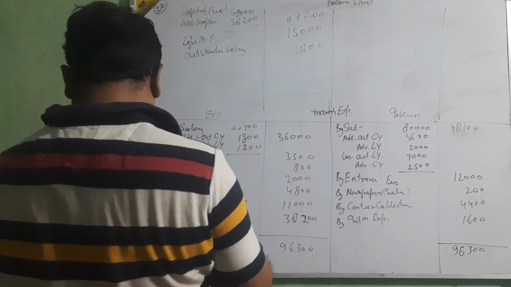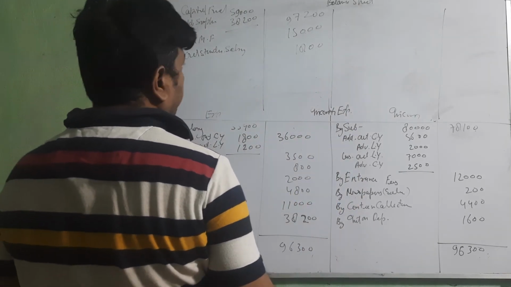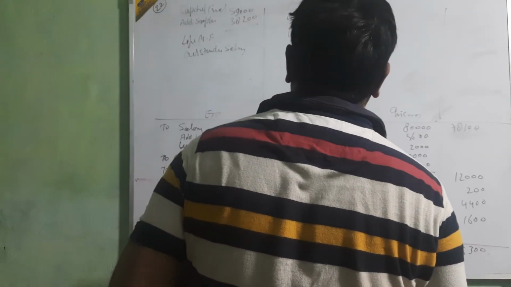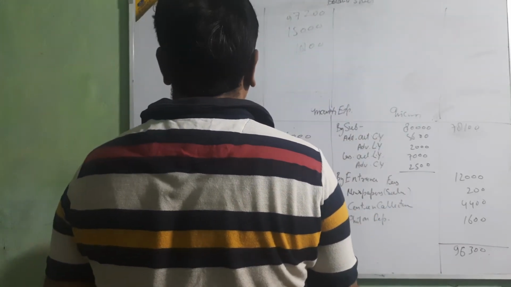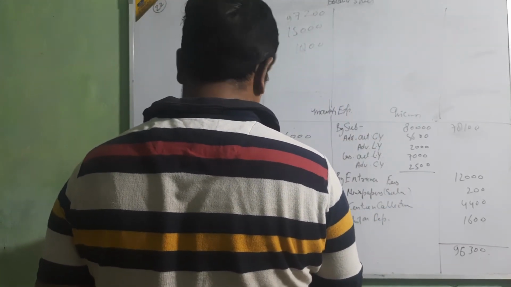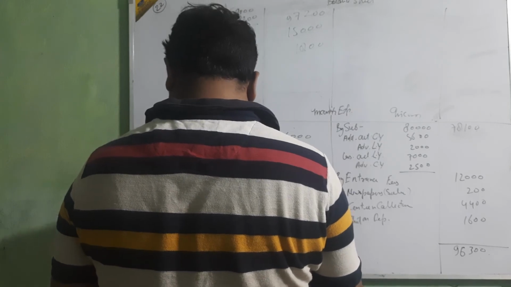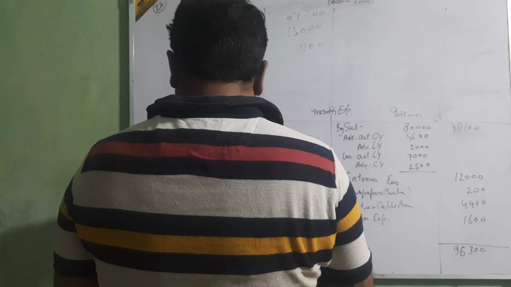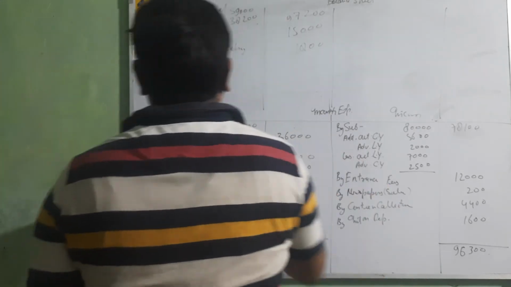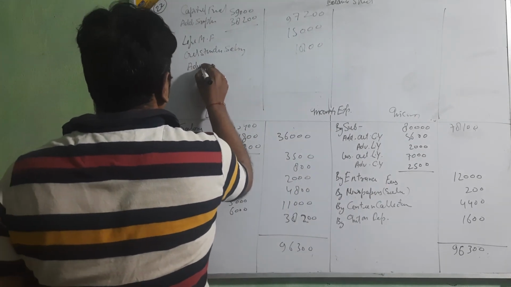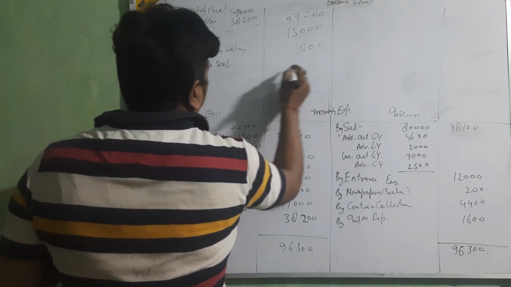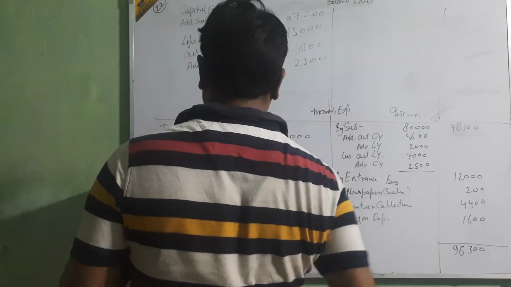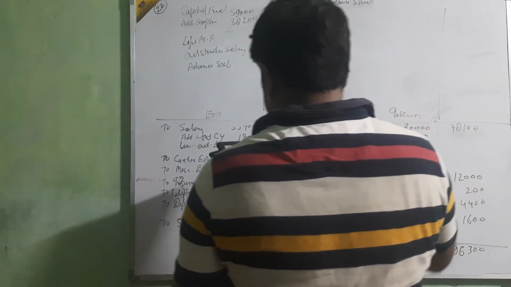Okay. And advance subscription 2,500. Clear? Now go for the asset side.